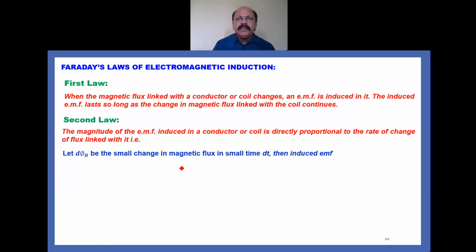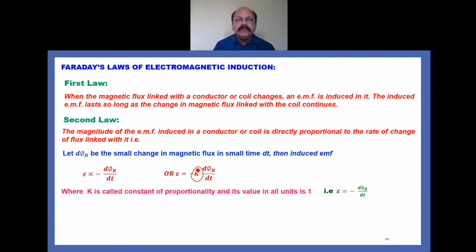And then we say that let d phi be the small change in magnetic flux in a small time dt. Then induced EMF E is directly proportional to minus d phi B upon dt. For omitting this proportionality sign, we require a constant, and that constant is k. k is called the constant of proportionality, and its value is 1 in all units.